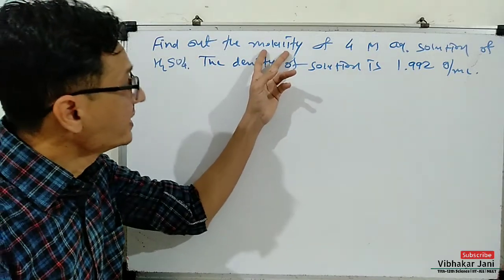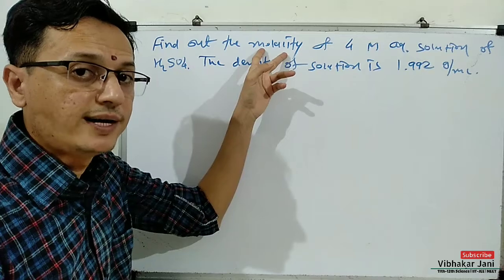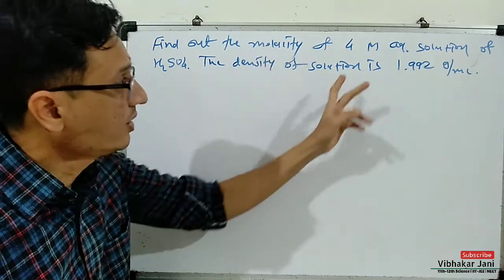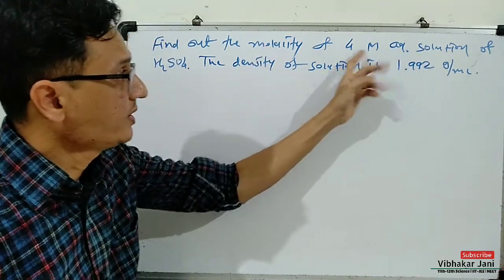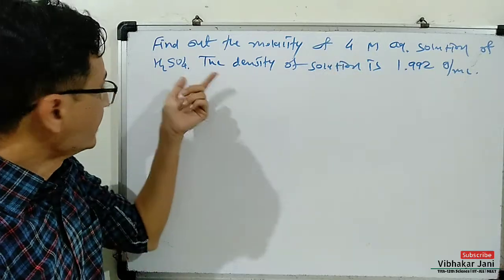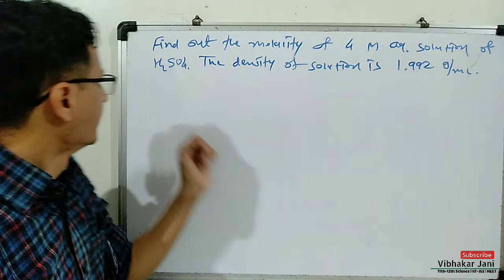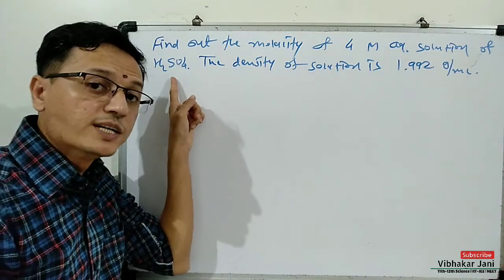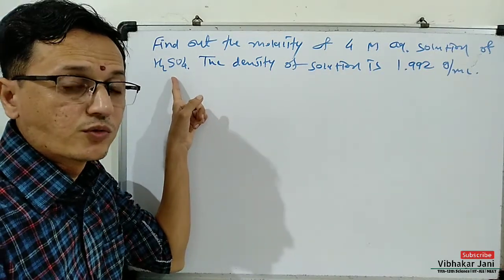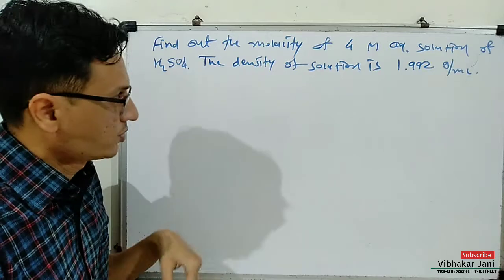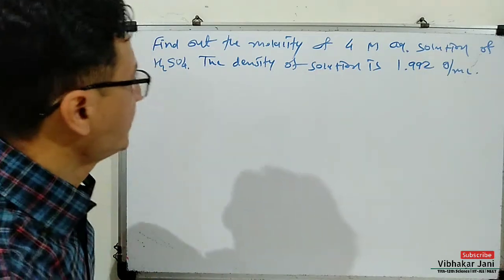Find out the molality. We are asked to find the value of molality for a solution having molarity of 4 molar and its density is given 1.992 gram per milliliter and the solution is of H2SO4. That means H2SO4 is the solute. So first of all, let us make a list of given data.